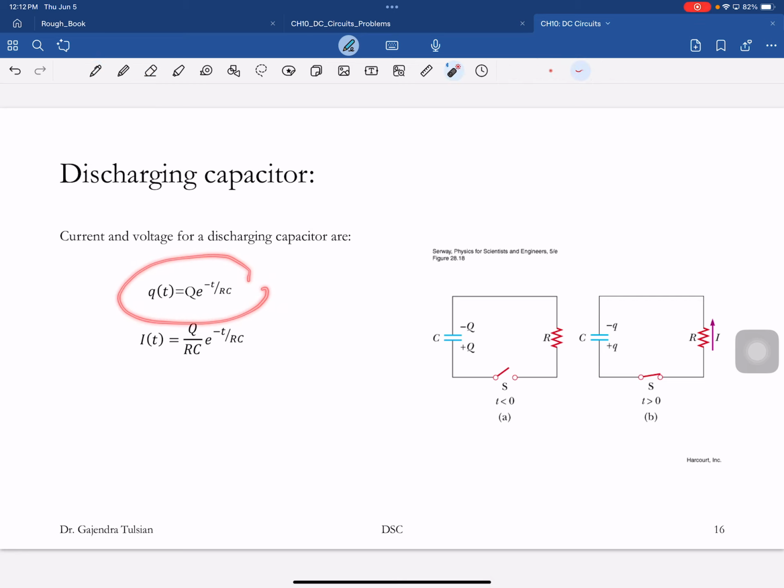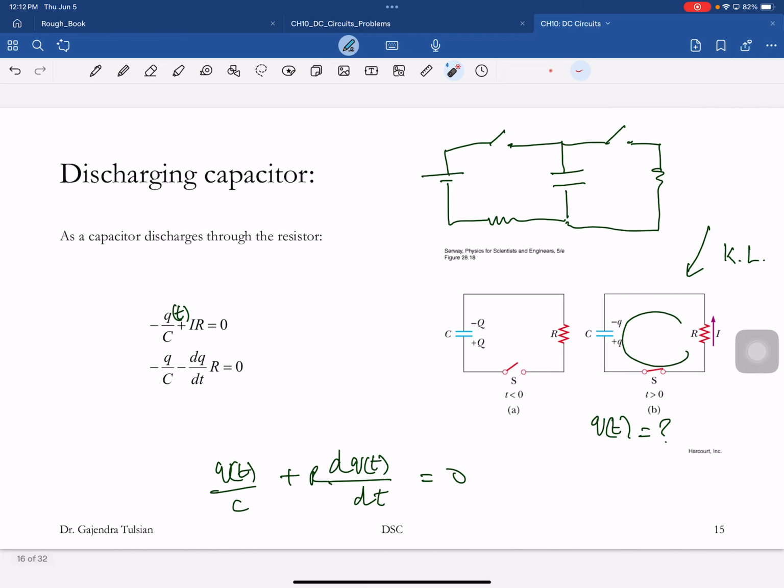So the charge decays exponentially, and there's the time constant again, RC. RC is the time constant. If you want to discharge the capacitor fast, you make R small. So this is your control. That's how you control how fast you discharge the capacitor.